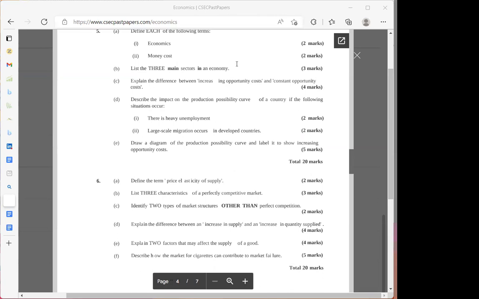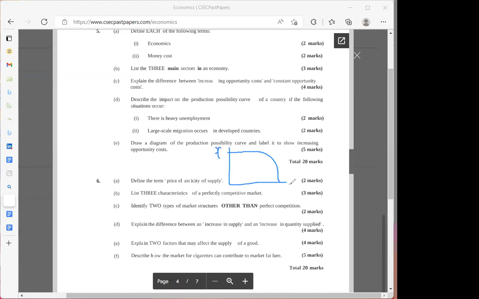Okay, so it's a good thing we didn't draw it up here, but I'll just go through this quickly. Increase in opportunity costs: you might want to start off by saying increase in opportunity costs has a concave curve.